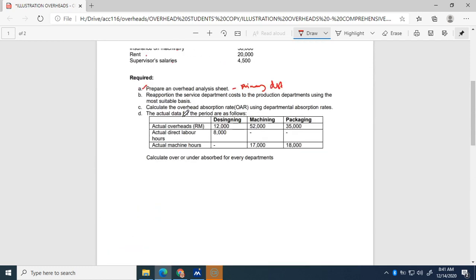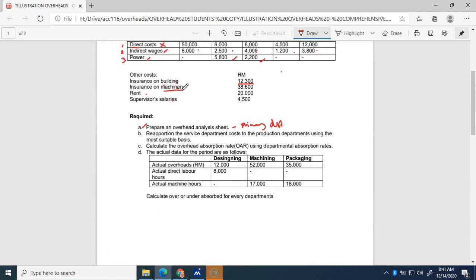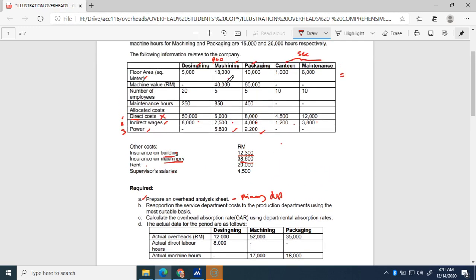The next item is insurance on machinery. Now refer to the value of machinery. The total is 38,600. How should we apportion? Which is the most appropriate basis? Refer to the bases. Do we have machinery value? Yes, so machinery value will be the most appropriate basis. Insurance is most related to value. For building, that would be the value of building, but since the value of the building is not given, floor area is the next apportionment basis that we can use.